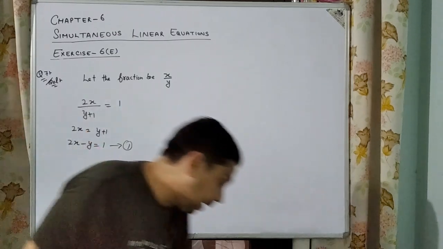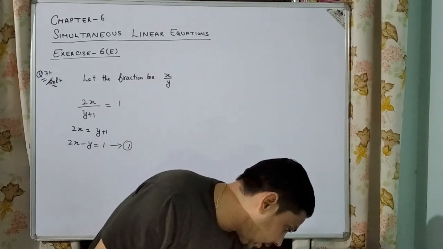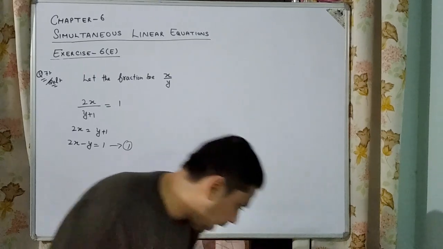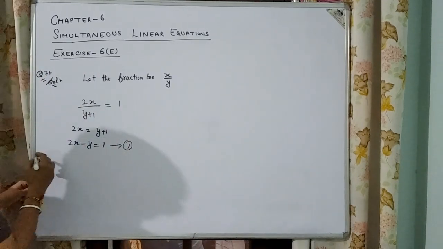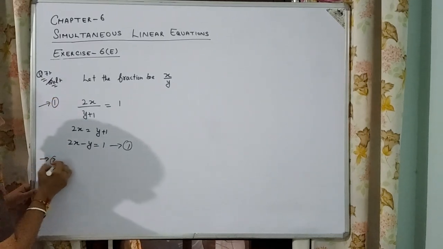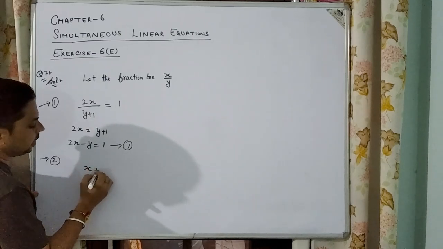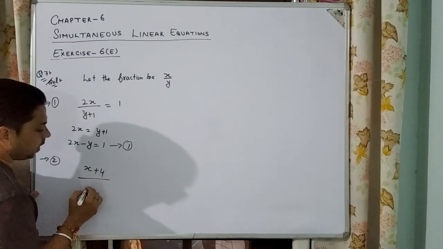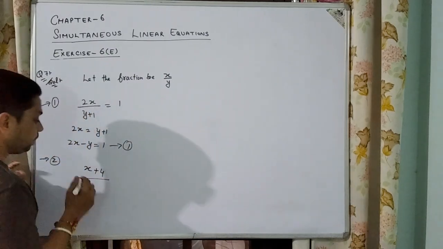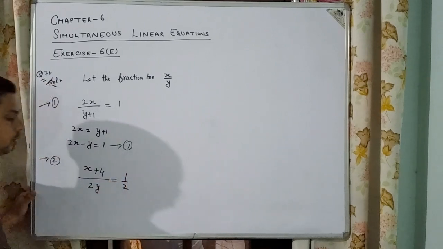Then second part of the question is that, however, if the numerator is increased by 4 and denominator is multiplied by 2. This is your first statement and this is your second statement, that if the numerator is increased by 4 and denominator is multiplied by 2, so the fraction becomes 1 upon 2 here.